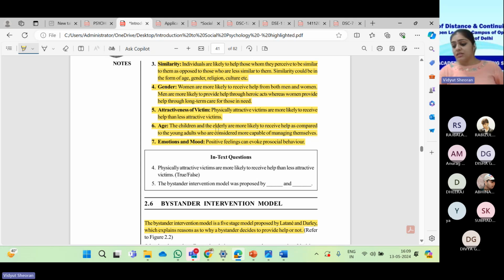Research has affirmed that women are more helping in nature than men. And women are more long-term committed as far as giving help is concerned.